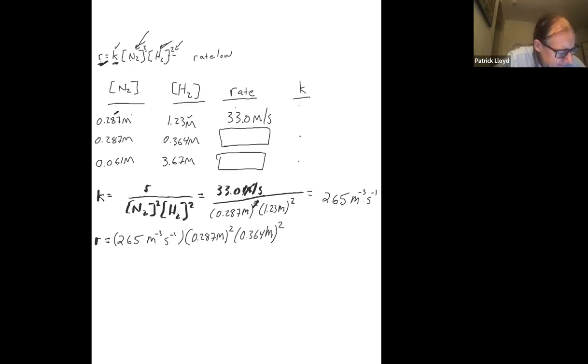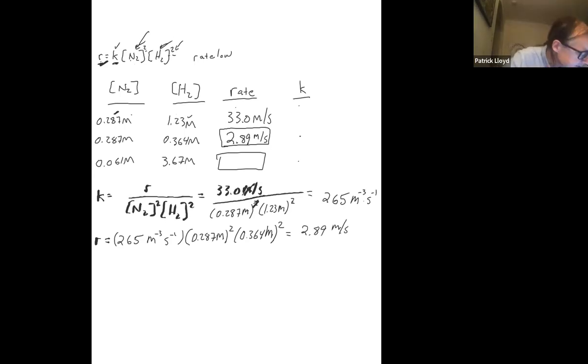Yeah, I think I got that right. So I won't go through it, but what you'll end up with is molarity per second, which is the units we want. So 265 times 0.287 squared times 0.364 squared, and you get 2.89. That's what it looks like anyways. Okay, 2.89.